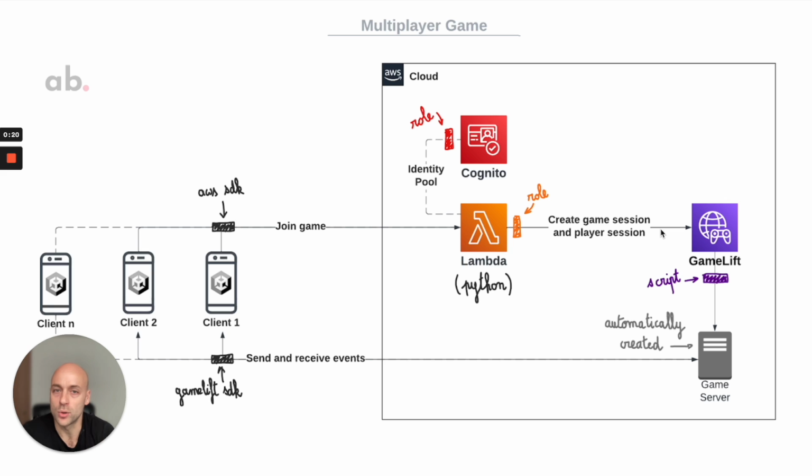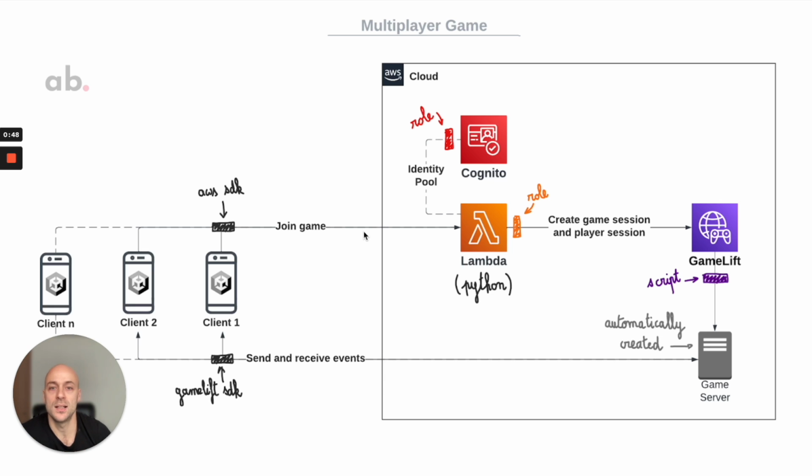GameLift doesn't work alone. We need other services to make it work. So this is the architecture of the game we are going to build, and this is how it works. First of all, the Unity client joins the game calling a Lambda function. The Lambda function will work closely with GameLift, creating game session and player sessions.